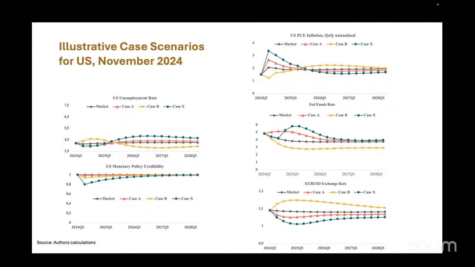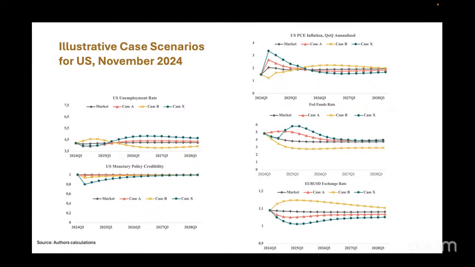So in the case A scenario, the central bank is required to have a higher interest rate path than what is currently priced in the financial markets. That is the market reference scenario that we have. And we can see in the case A scenario, the federal funds rate is way above the market reference scenario.